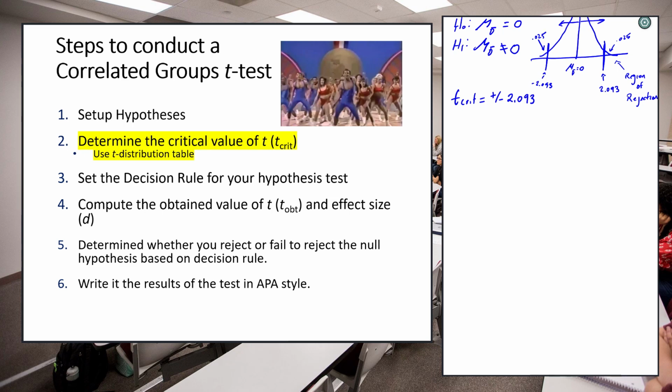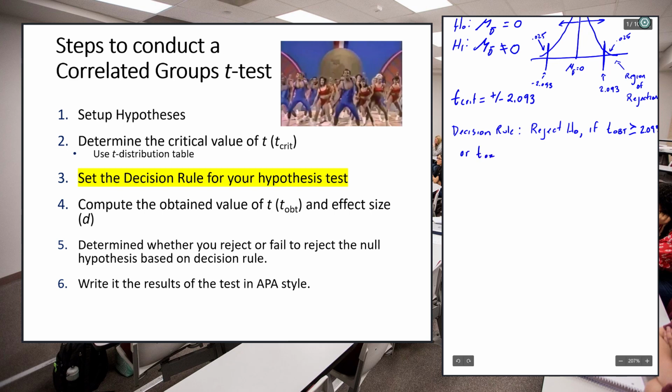Okay, and so now we need to set the decision rule for our hypothesis test. So the decision rule, same as before, is going to be reject the null if t obtained is greater than or equal to 2.093 or t obtained is less than or equal to minus 2.093.